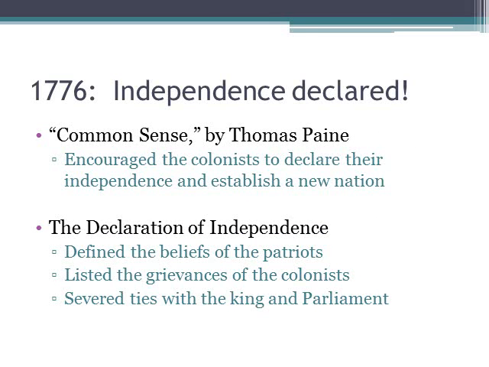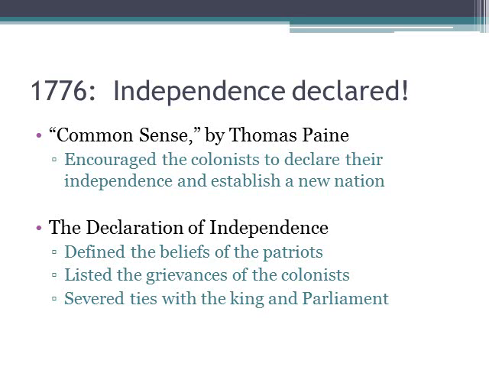As this period of rebellion draws to a close and the war takes over in earnest in 1776, independence is declared. And there are two key documents that really underscore what's going on in this period. The first was published by a British man named Thomas Paine. It's called Common Sense, and it encouraged the colonists to declare their independence and establish a new nation.